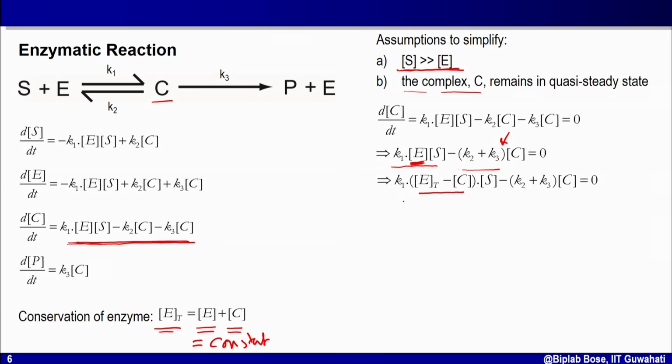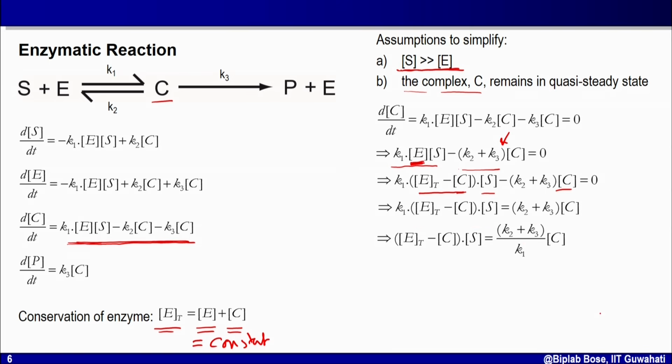So I get a relation K1 (ET minus C) S minus (K2 plus K3) C equal to 0. So I again get another C here. I will take out that C and club it with this C. So I take (K2 plus K3) C on the other side.